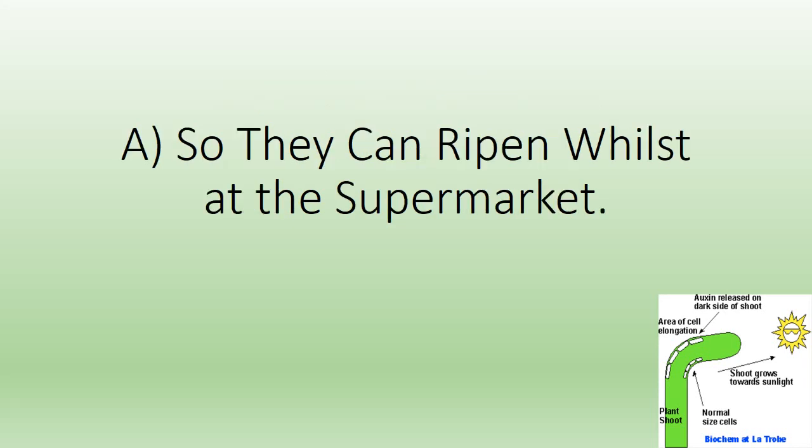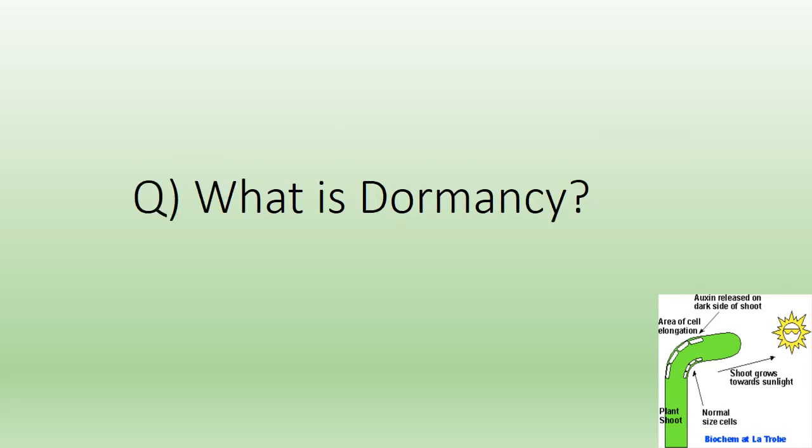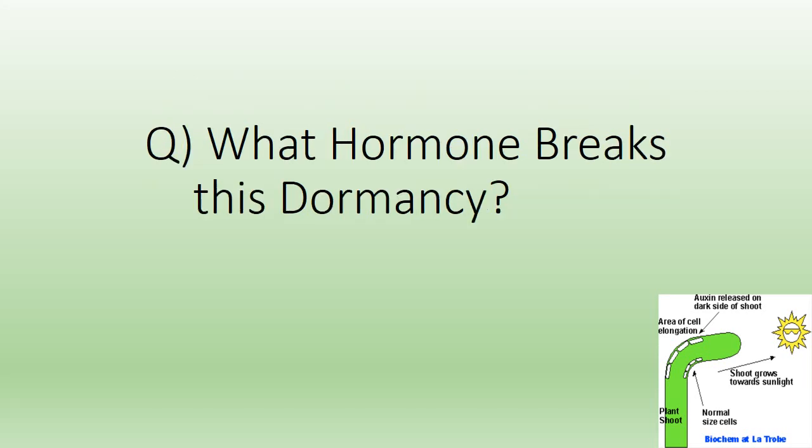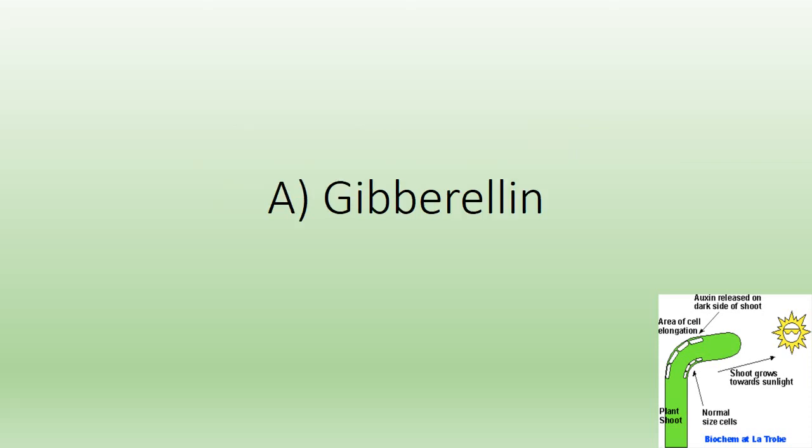So they can ripen whilst at the supermarket. What is dormancy? When the plant won't grow until it has been through certain conditions. What hormone breaks this dormancy? Gibberellin.